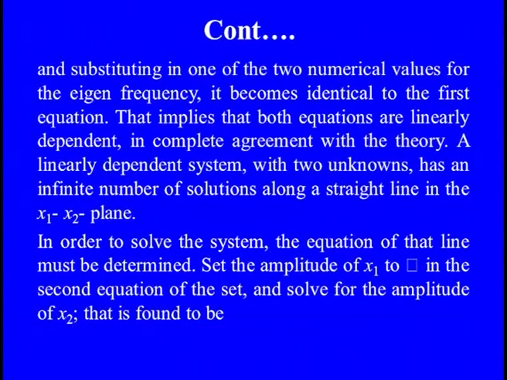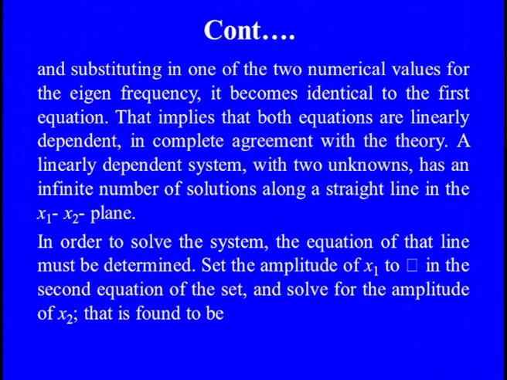Substituting these numerical values, we can figure out these eigenvectors, and it becomes identical. It is a very symmetric process, and this means both equations are linearly dependent, simply giving the relative displacement in phase and out of phase in terms of the mode shapes.